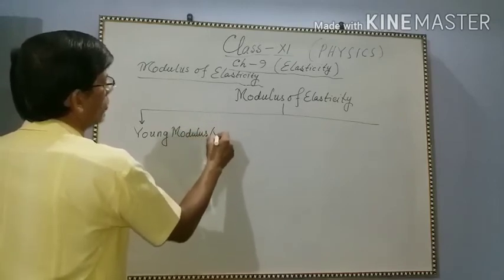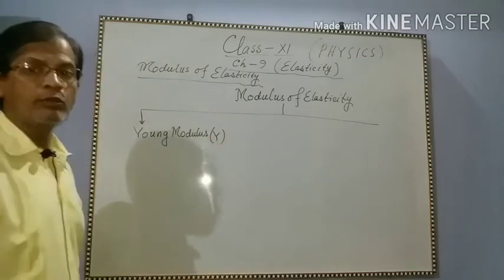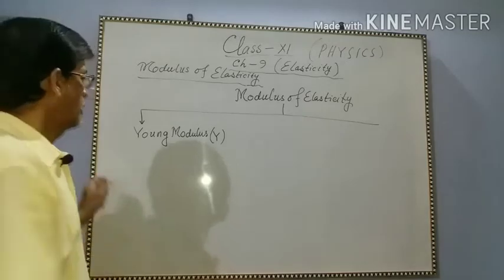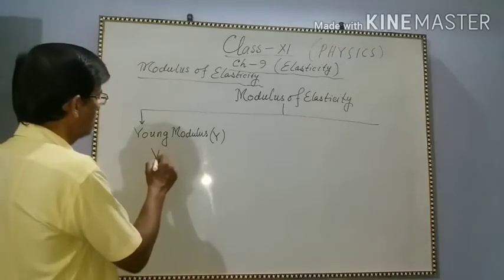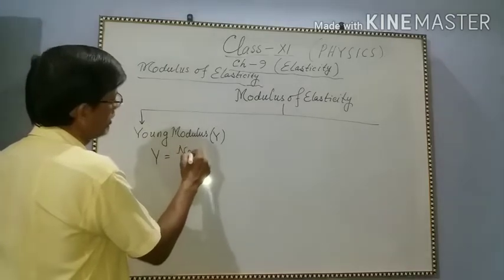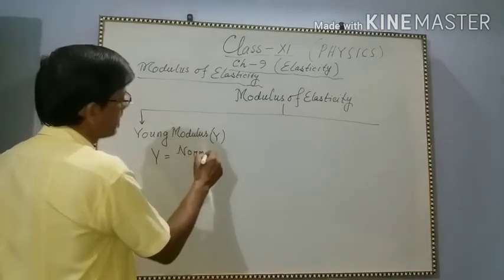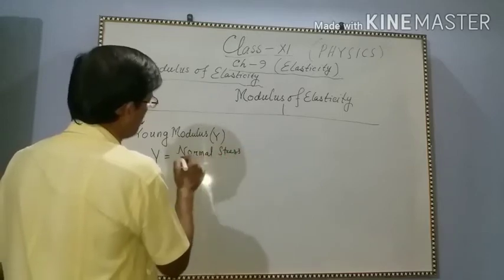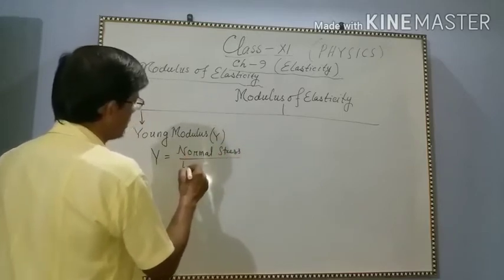denoted by Y. Young modulus is the ratio of normal stress to the longitudinal strain. This is Y equal to normal stress by longitudinal strain.